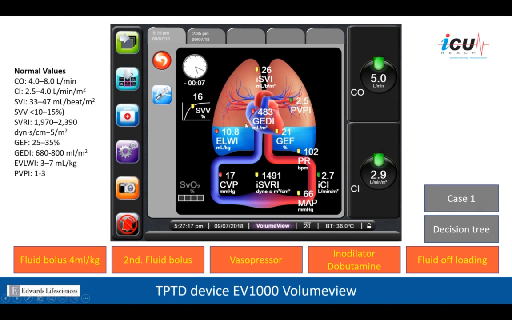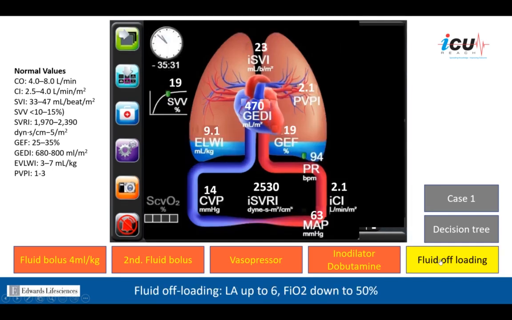Somebody, because of the extravascular lung water index, decided to give this patient a dose of Lasix. His mean arterial pressure is 66, so he said, well, this patient can tolerate Lasix, and ended up giving this patient a dose of Lasix. This is what will happen.